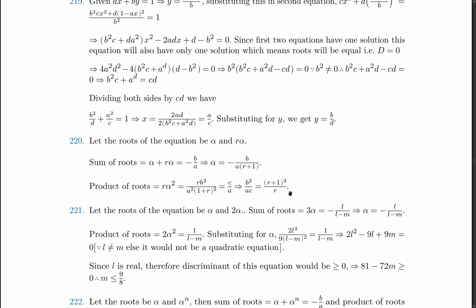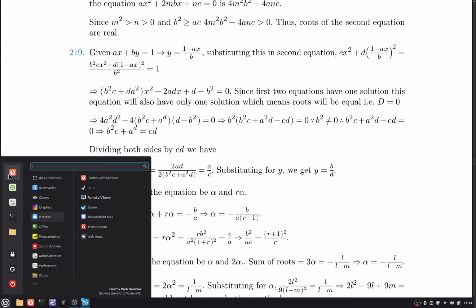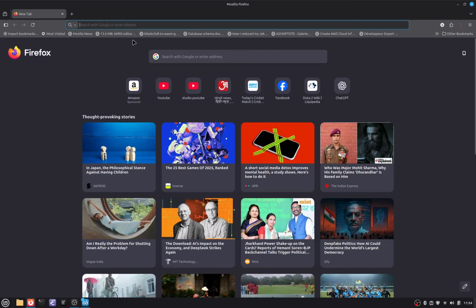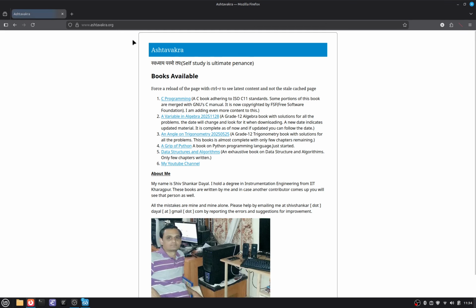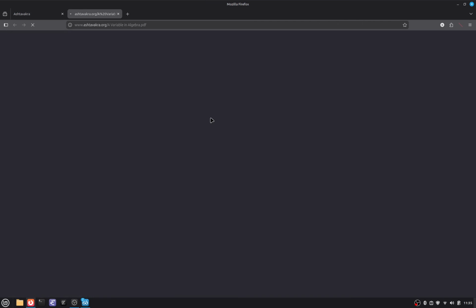By the way, before I conclude, I'll show where you can download the PDF. You can go to astrologer.org, and here we have the second item in the list, a variable in algebra 2025 1128. This means it was updated on 28th December 2025. You click the link and you get this PDF in your browser.